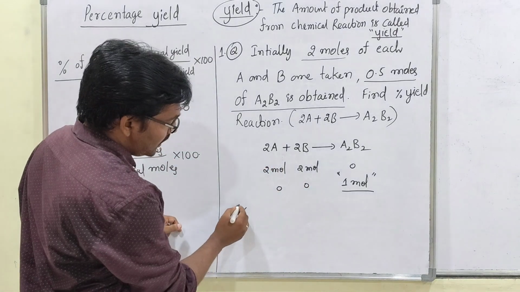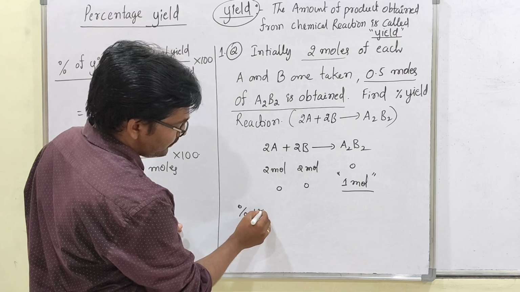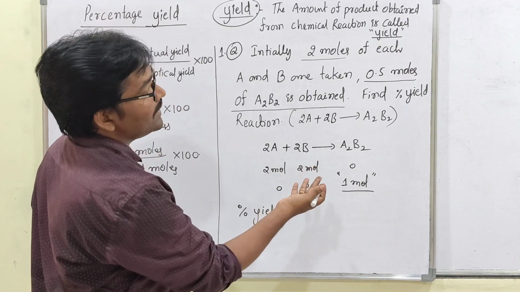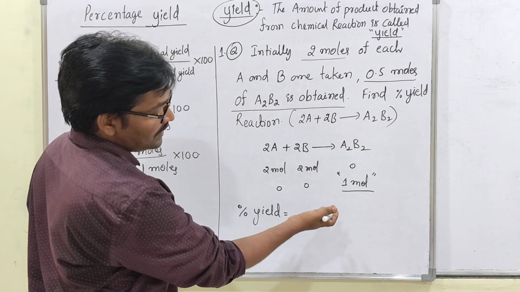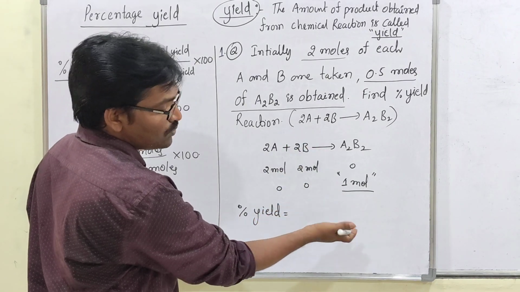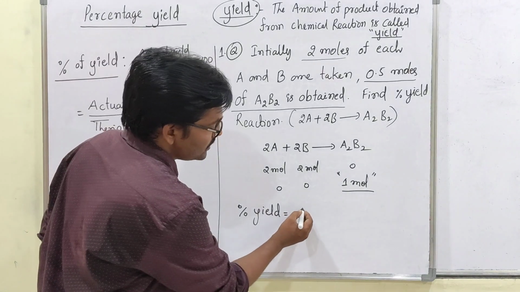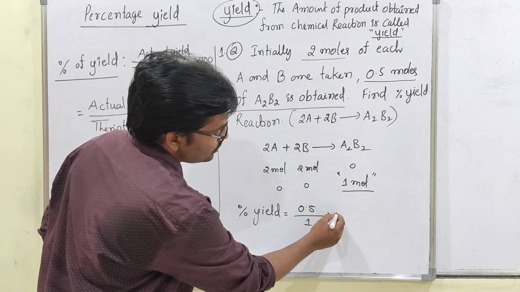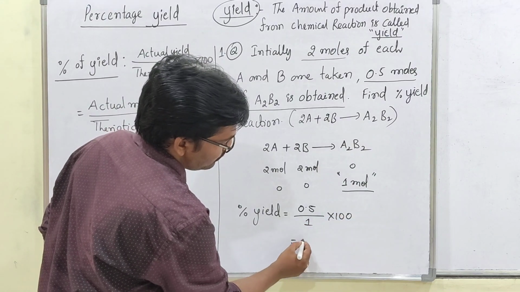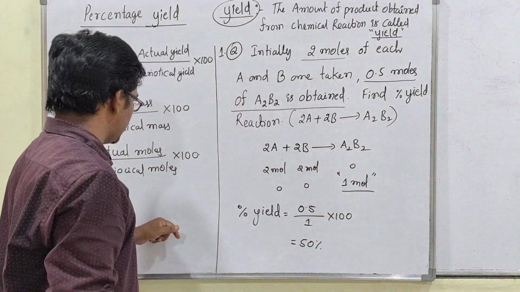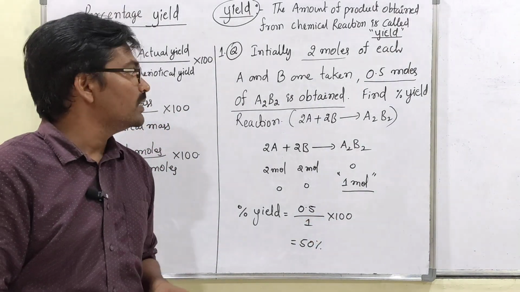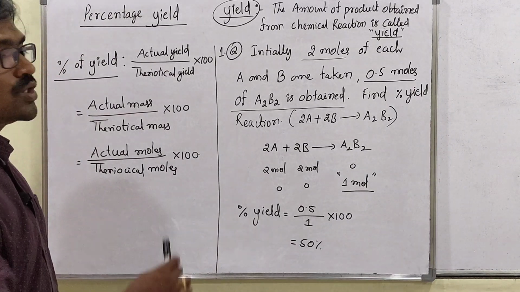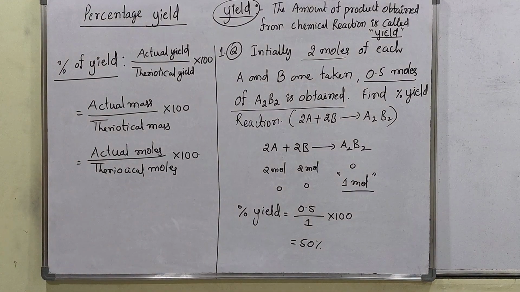So percentage yield equals actual yield divided by theoretical yield, or actual moles divided by theoretical moles, into 100. Actual moles is 0.5. Theoretical moles is 1. Then into 100, you get 50%. Such types of questions they ask in the examination based on percentage yield. So note it, all of you. One more question will be there based on it, which we'll discuss.